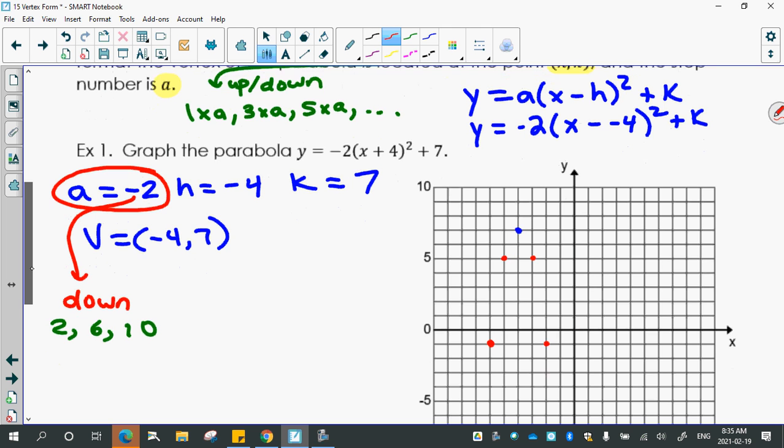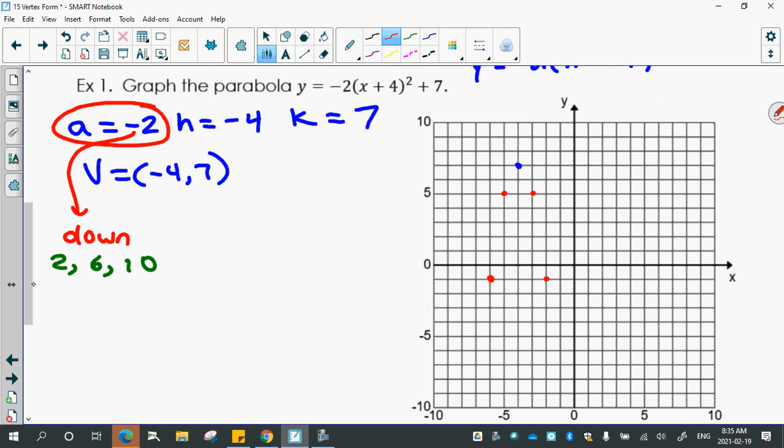And then over 1 and down 10 on both sides. And I can't quite fit that in. So then you're joining it with a smooth parabola-like curve here. And that's your parabola in vertex form.